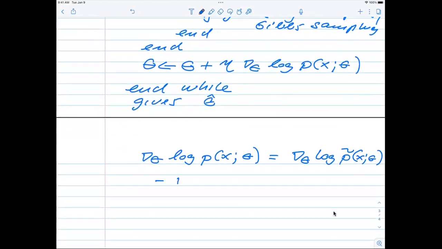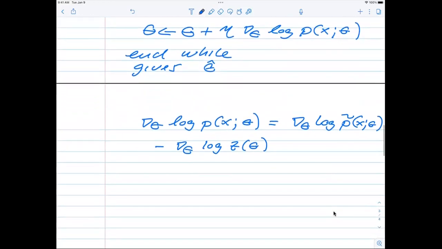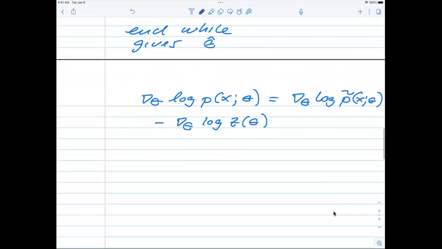But then we have the gradient of the partition function. The first term, as we mentioned last time, is called the positive phase, since we're dealing with a maximization problem and not a minimization problem. This is the common approach in this type of generative methods. Then the problem is the calculation of the partition function.